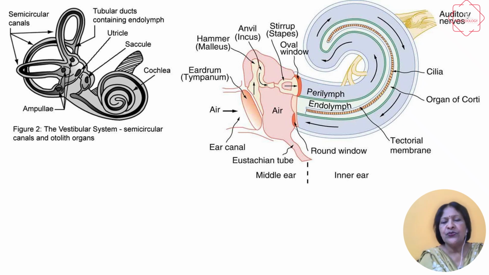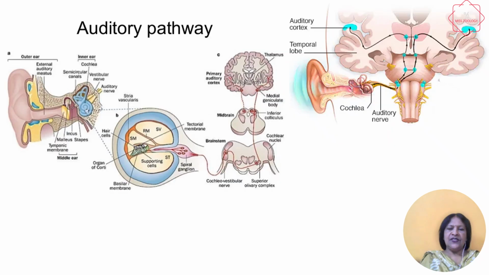It moves through the fluid medium in the inner ear, and then through the organ of Corti, they are detected with the differences in frequency and loudness, and then transmitted via the auditory nerve to be detected and interpreted through the central nervous system in the brain.